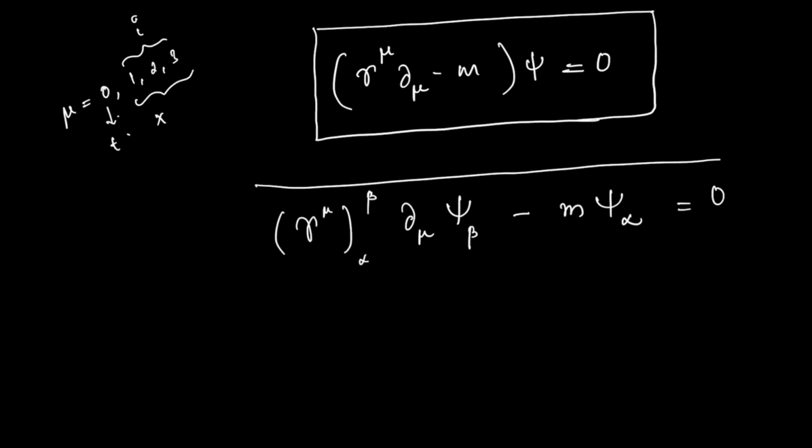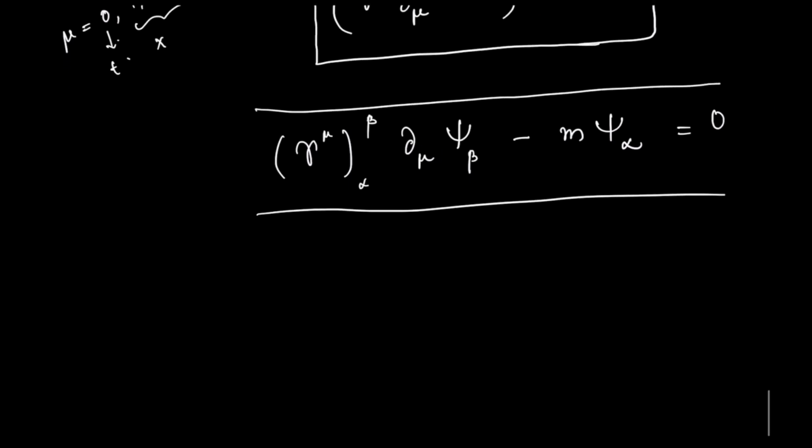This is the component form of the equation, and you can see that beta and mu are summed over.